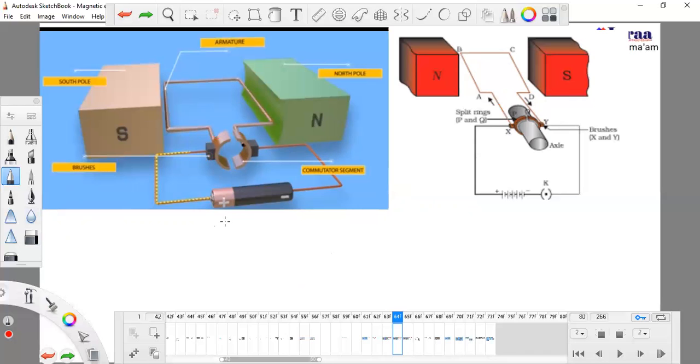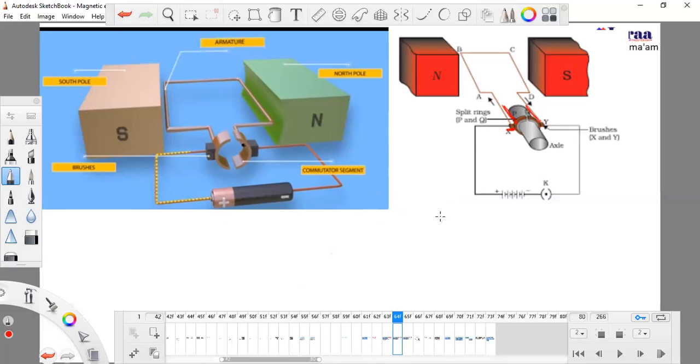Why I'm telling you this: while we study our NCERT we feel confused about what this is. It should be connected with these rings, not with these brushes. There are two rings. Whatever your teacher tells you, just remember that this diagram is not correct.